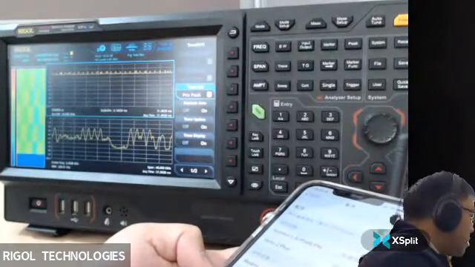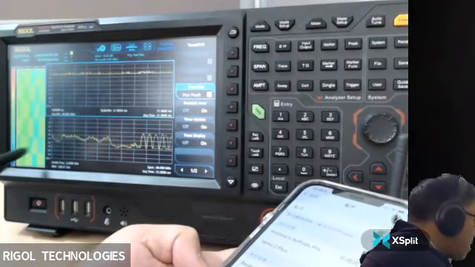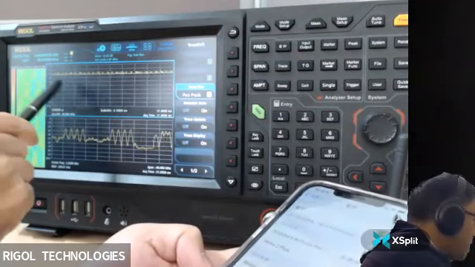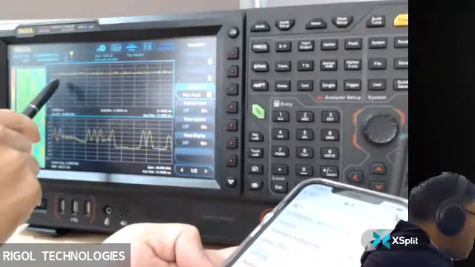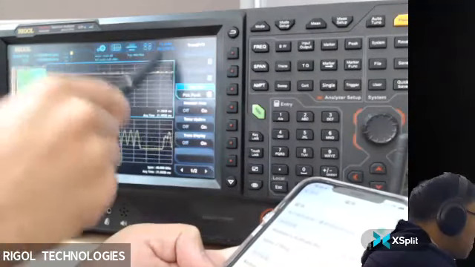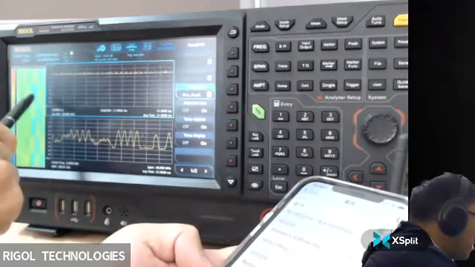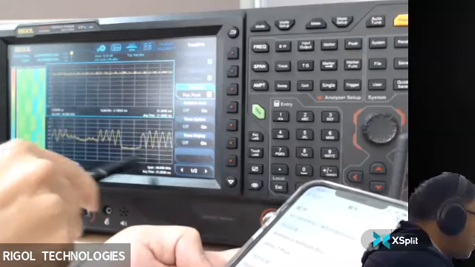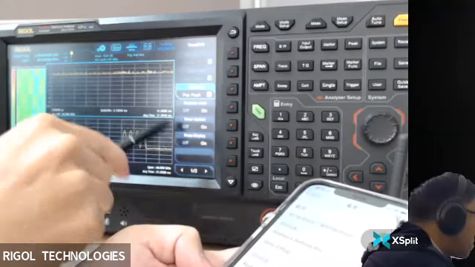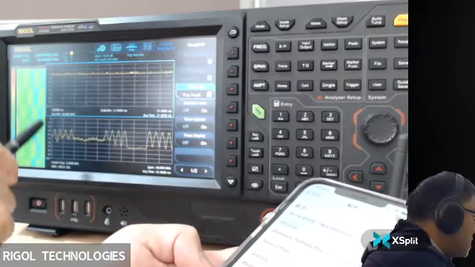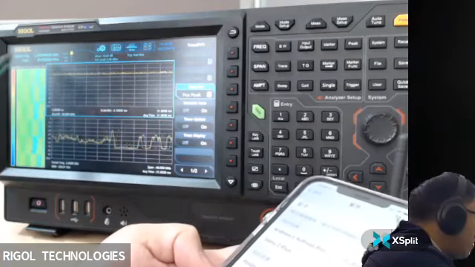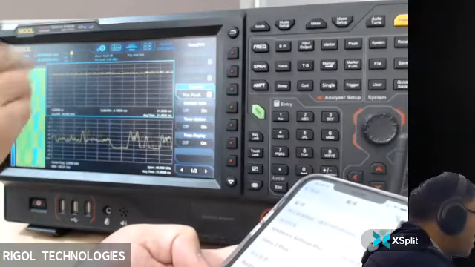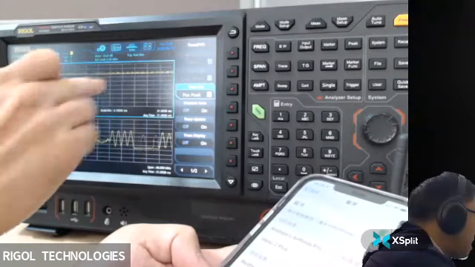So you can see the waterfall diagram can be shown on the left-hand side, the power versus time can be shown on the upper side of the screen, and the spectral line can be shown on the upper side of the display. So it is very convenient for you to monitor all kinds of features on the display simultaneously.